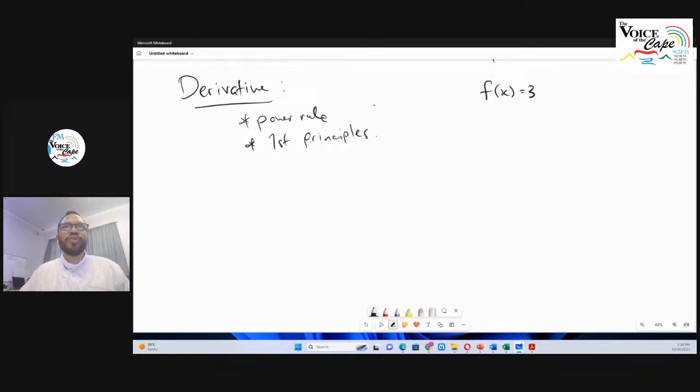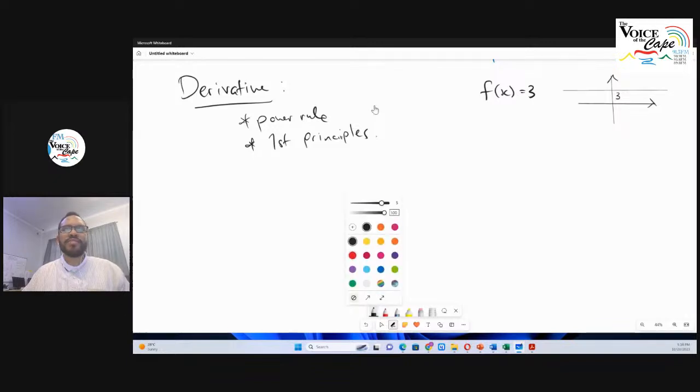When you look at that, f of x is equal to 3, you know that that graph is a horizontal line that cuts through 3. That is exactly what that line looks like. Now, if the derivative is simply the gradient at a point, what is the gradient of that line? That's a special line.